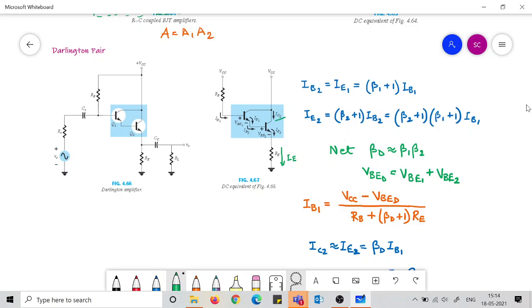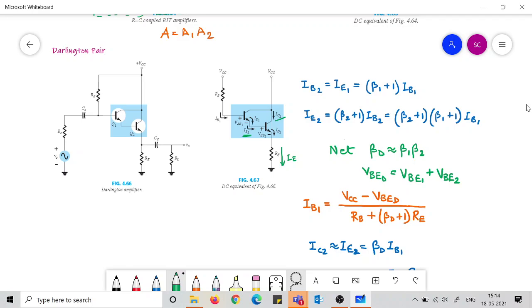So how to go ahead with this? IC2 will be beta times IB2. So we need to find out IB2. Now IB2 is basically IE1, which is basically equal to IC1. IE1 also has a direct relationship with IB1.